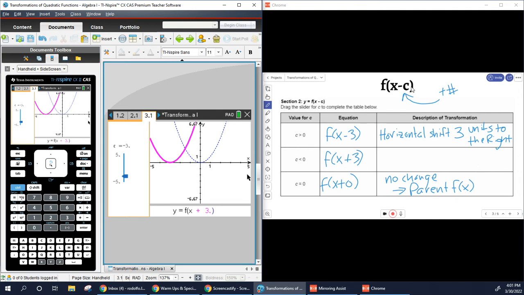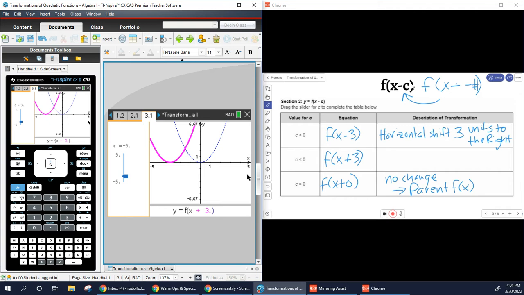Well, if you think about it, the function is minus a number. So if you start to subtract, here, let me erase this a little bit. If we put a number in here and we say f of a number minus a negative, what happens when you subtract a negative?